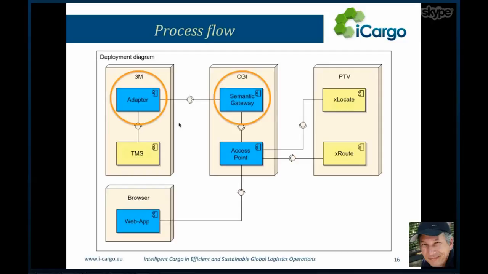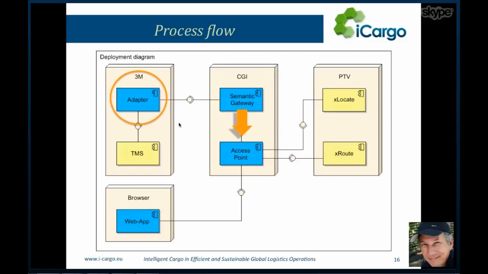This semantic gateway decomposes the transport instruction into the smallest information elements, where an information element provides information about a shipment, a consignment, and each logistic unit.